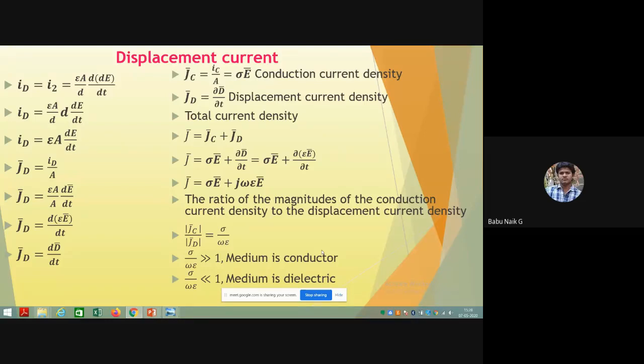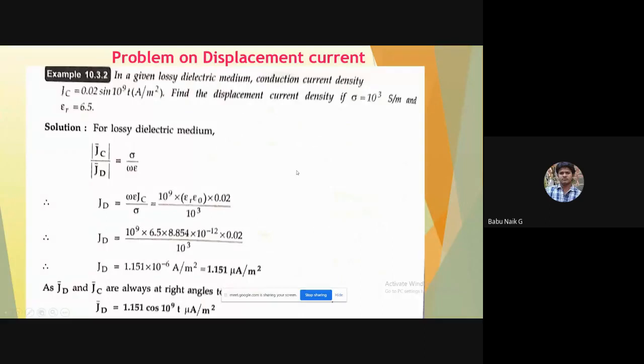Now let us take one simple problem. Any medium we consider will be discussed in more detail later. Here the problem is given in a lossy dielectric medium, having conduction current density Jc equal to 0.02 sin of 10 to the power of 9 t amperes per meter squared. The conductivity sigma is 10 cubed Siemens per meter, and the relative permittivity is given as 6.5.